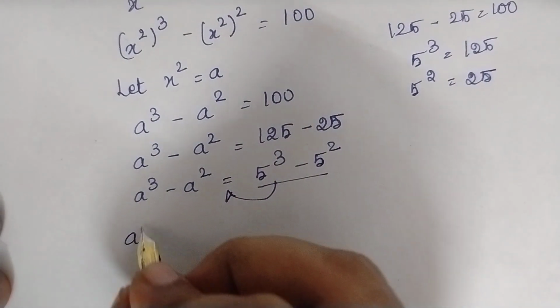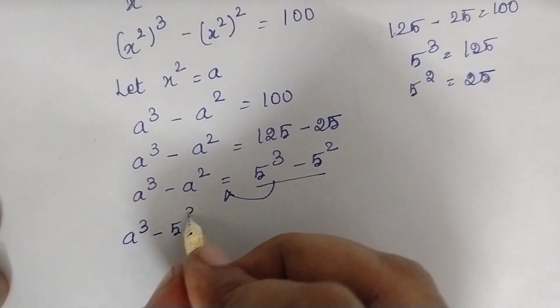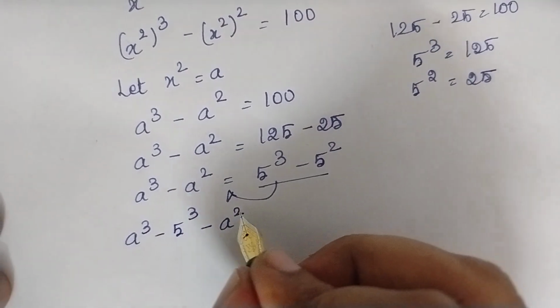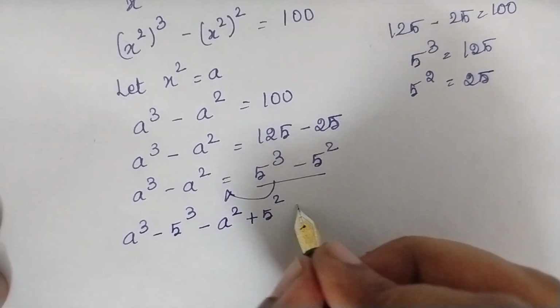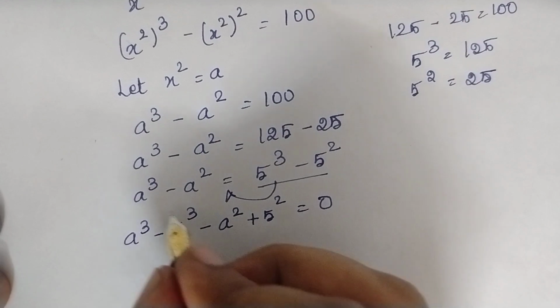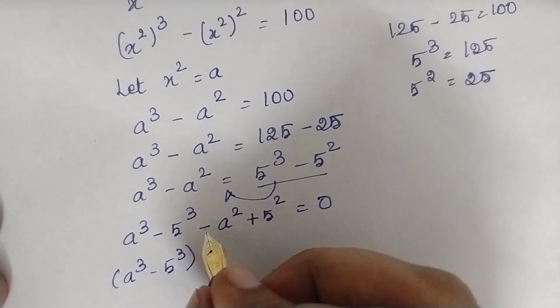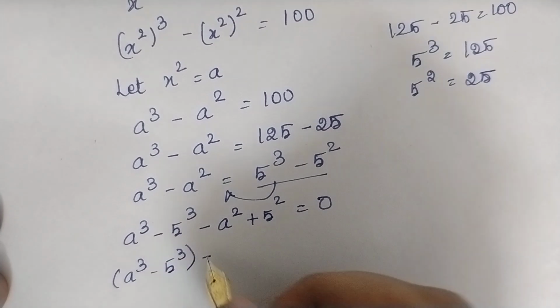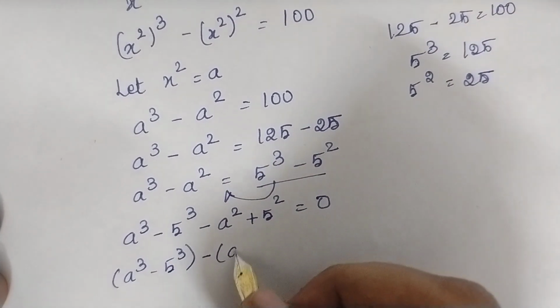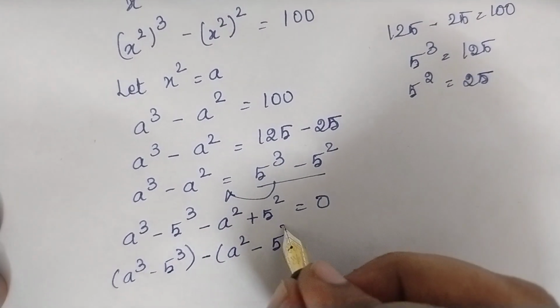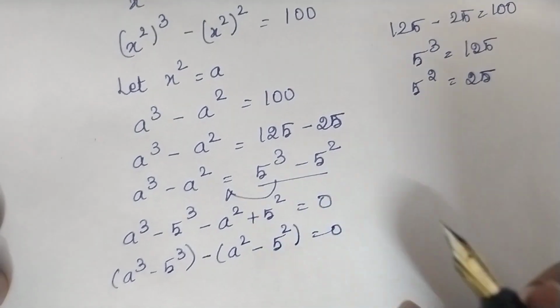Therefore this becomes a cube minus 5 cube minus a square plus 5 square which is equal to 0. So now take cube and square separately. Therefore here I am going to take minus as common. Therefore (a cube minus 5 cube) minus (a square minus 5 square) is equal to 0.